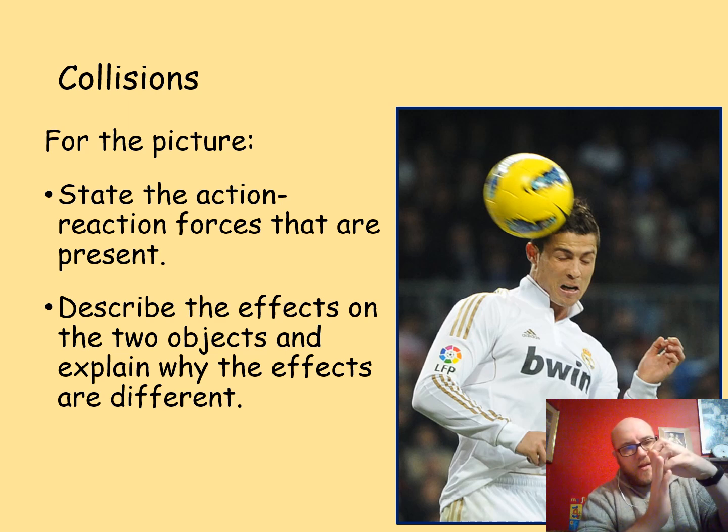And then the same force is going to be applied back to the ball. But the ball is going to move much more rapidly than Cristiano Ronaldo. I mean, his head might snap back a little bit on the collision, but really not much because he's much more massive than the ball. The ball has a lower mass.